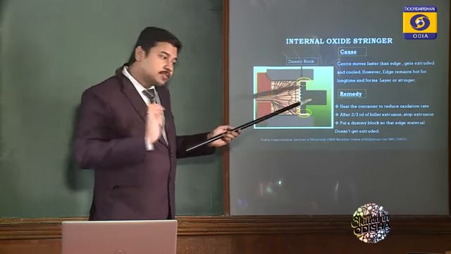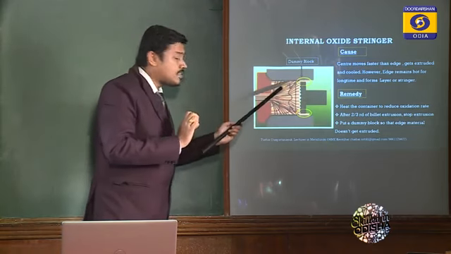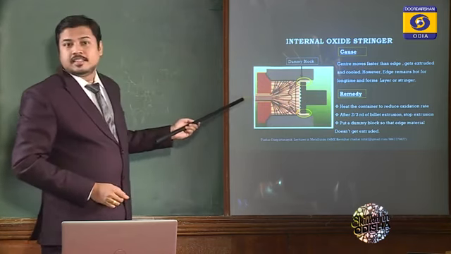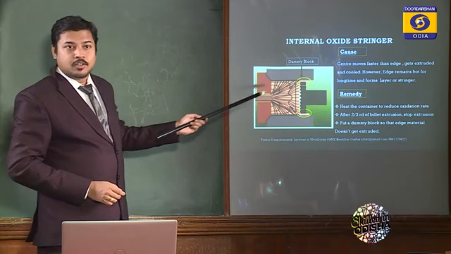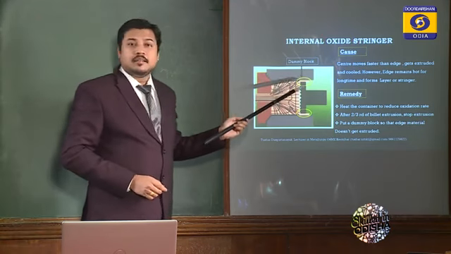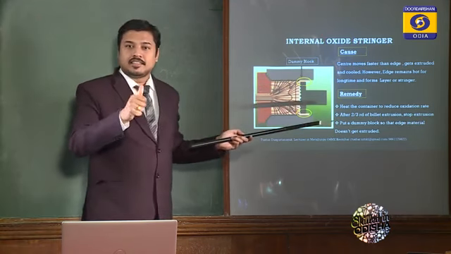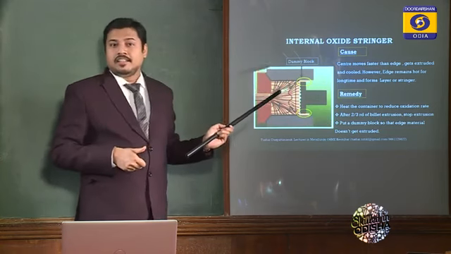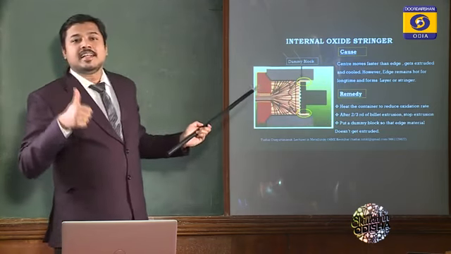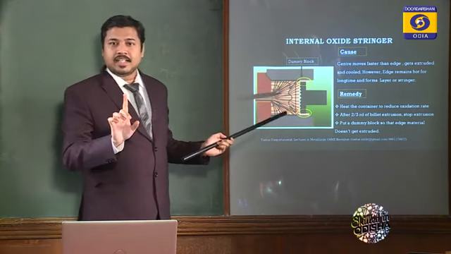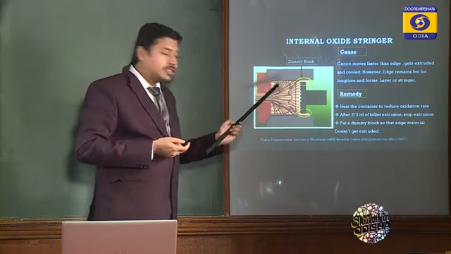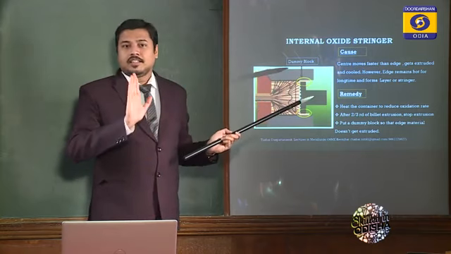And when we push the ram further, these edge materials get extruded through this extrusion product. Oxides, basically metal oxides, are brittle in nature. If they get entrapped inside the metal, it will create brittleness inside the metal or whatever product we are generating. That is why it has to be removed.